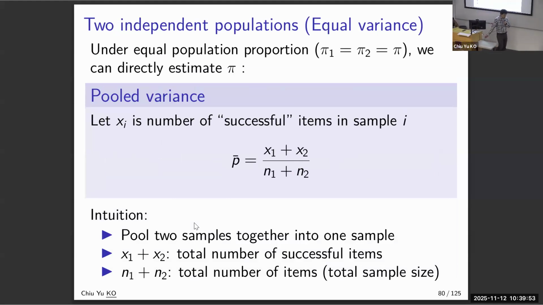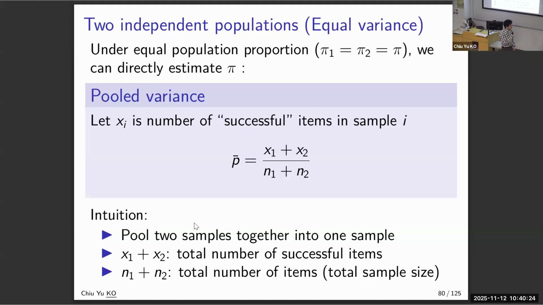And one of the interesting things is that under the null hypothesis, if 2 populations have the same proportion, actually we can calculate the proportion relatively easily. Why? Suppose you want to compare the proportion of people, say in CHK, boys and girls or male or female, who have enough sleep.